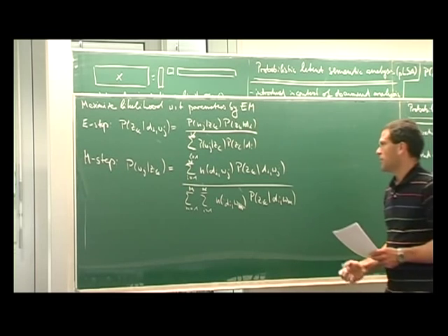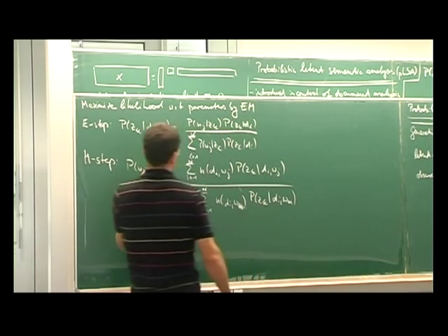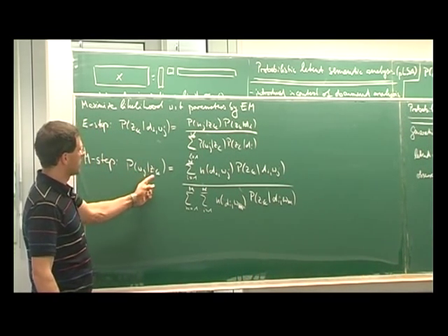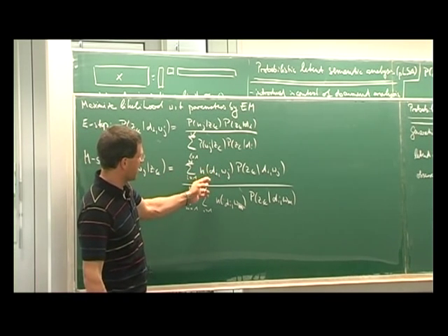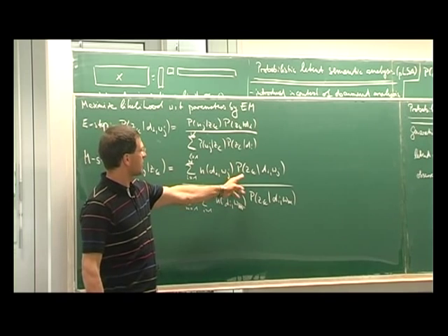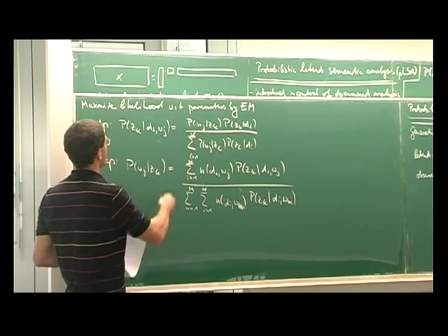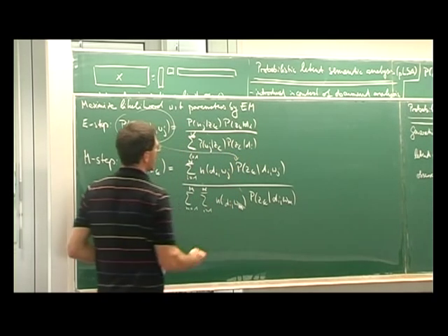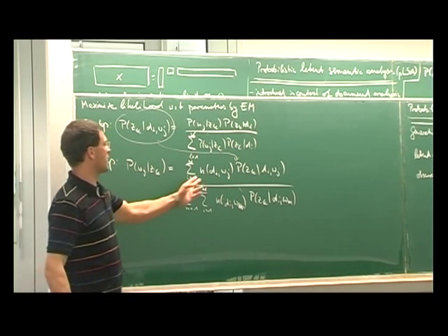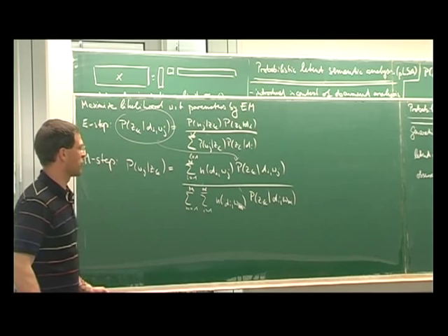So the probability of a word given a document type will be obtained by, this is the entity that we've just estimated here. And this is weighted by the observed word counts.